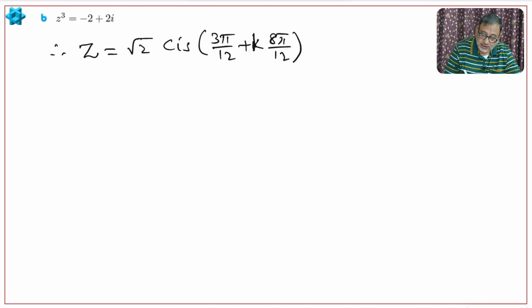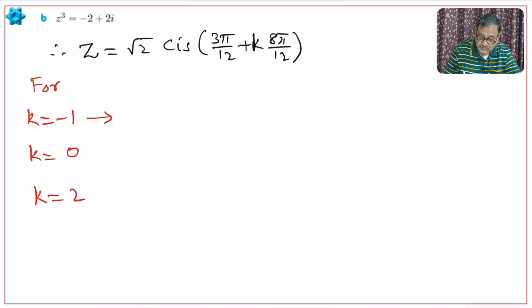So for k is equal to minus 1, first root; k is equal to 0, second root; k is equal to 1, third root. Okay, so I will replace k here by 0, by minus 1.